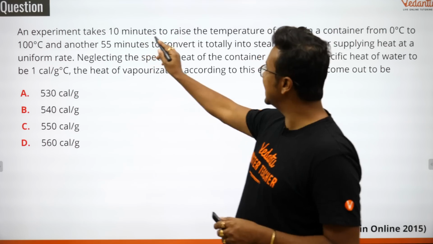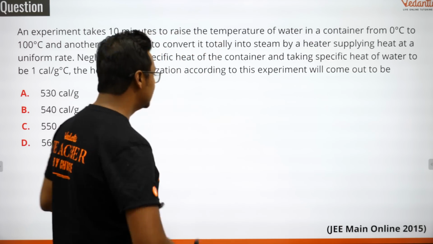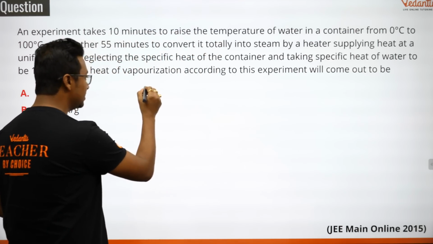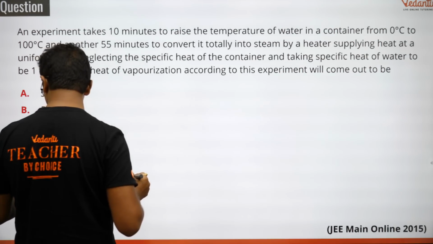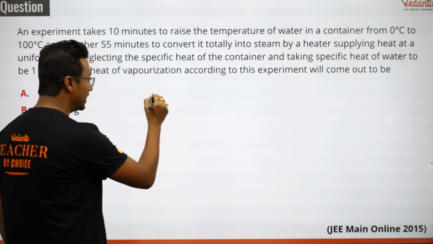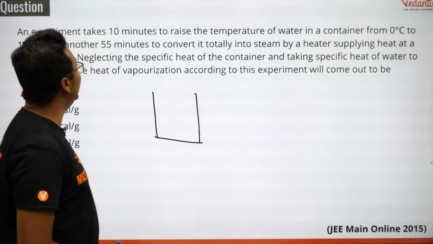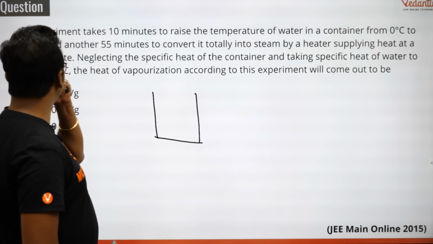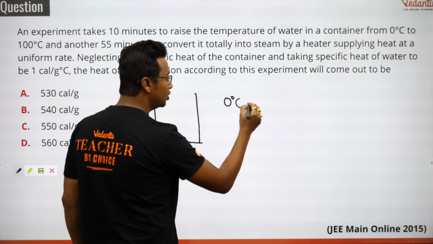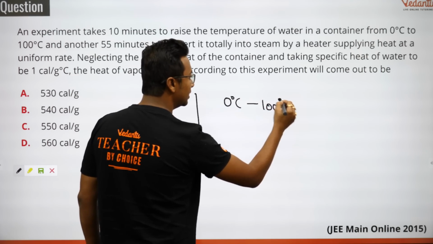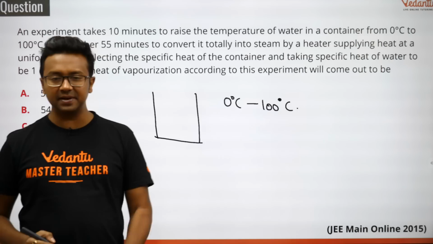An experiment takes 10 minutes to raise the temperature of water in a container. So here also I had a container, and in order to raise the temperature from 0 degrees centigrade to 100 degrees centigrade, it took how much time? 10 minutes.